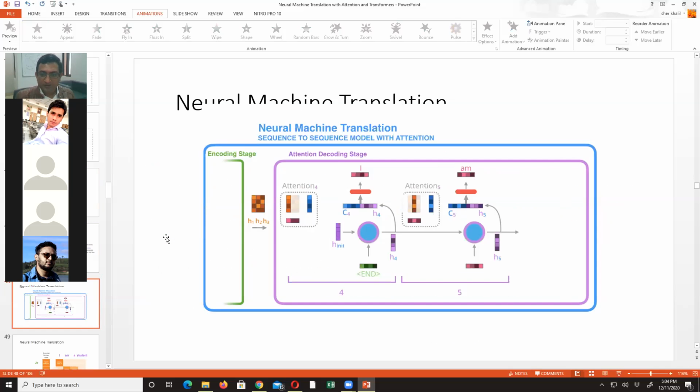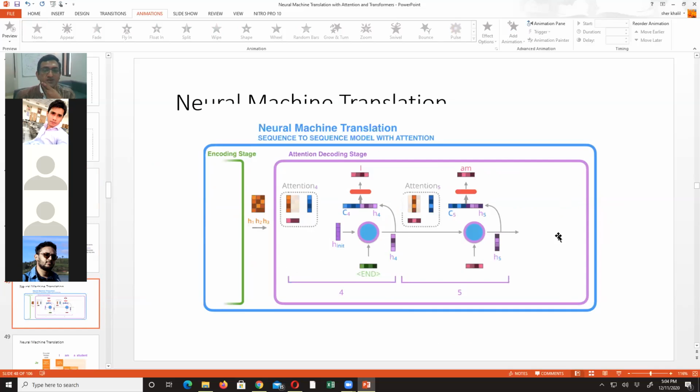And then this C5 is concatenated with H5, and H5 is actually the output of the RNN from the current input and H4. H4 is actually coming from here. Both of them are concatenated through a feed forward neural network. They actually predict M, and then this process continues, right?